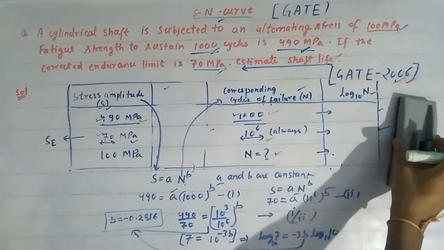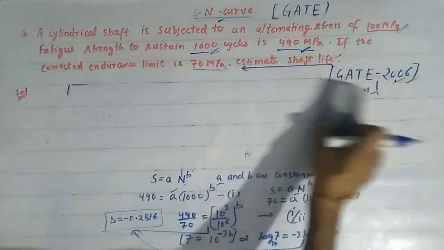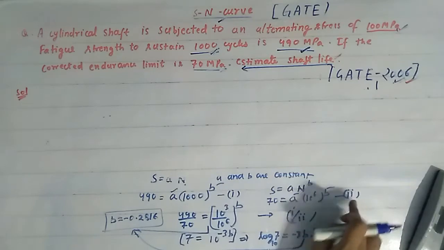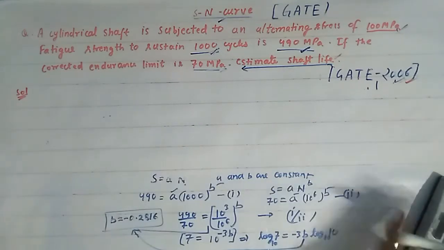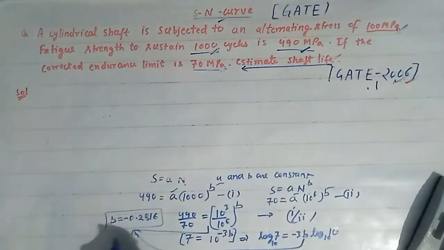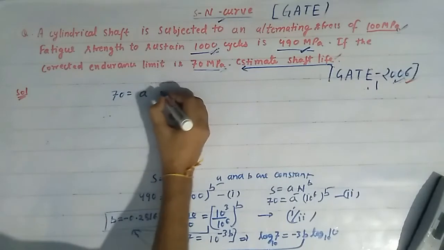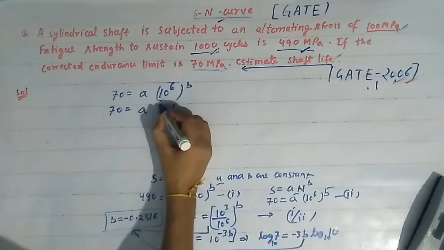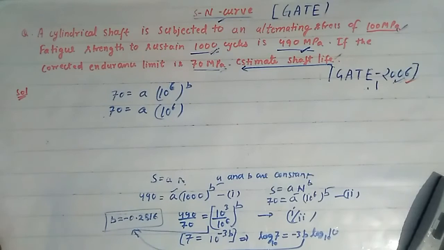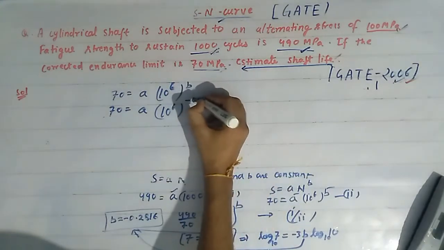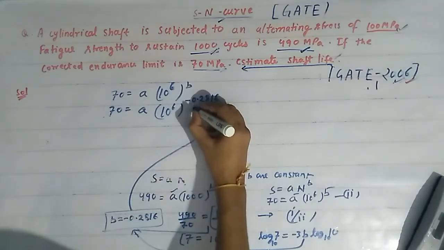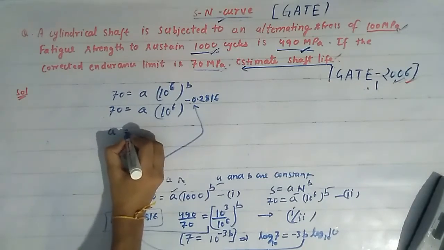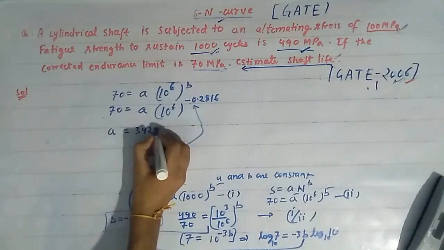Once we have the value of B, the next step in the procedure is to calculate the value of A. When we substitute the value of B in either equation 1 or equation 2, we get the value of A. Substituting B in equation number 2, 70 = A (10^6)^B, where B is -0.2816, we calculate the value of A. The value of A comes out to be 3420.566.